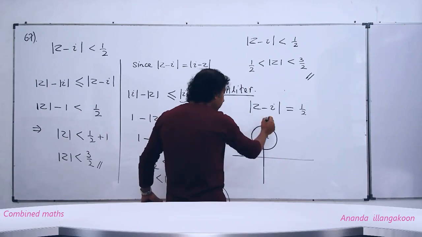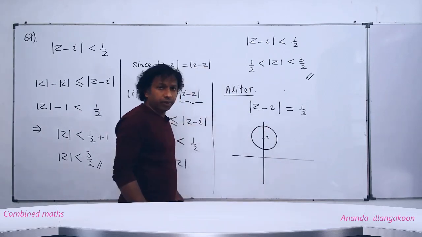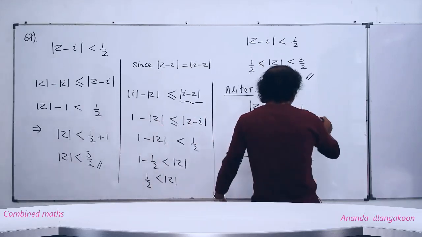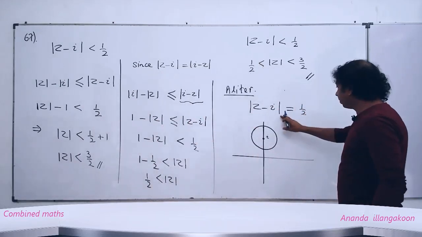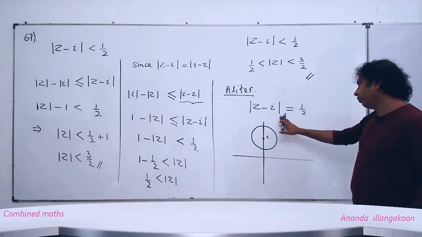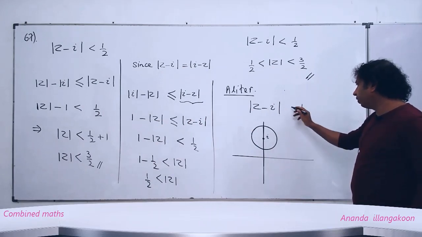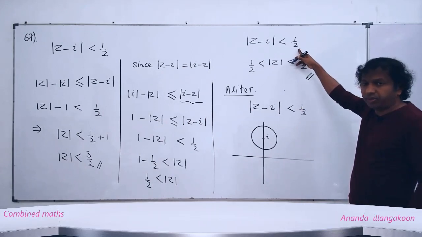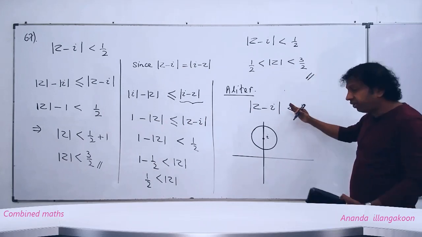This z lies on this. But we need what? |z minus i| less than half. This. Then people, where should be the region? Inside the circle, no?